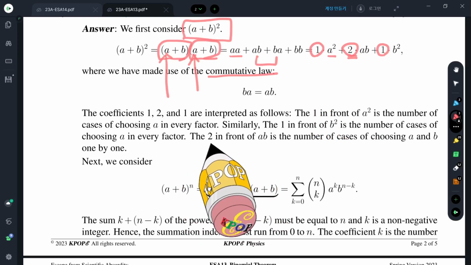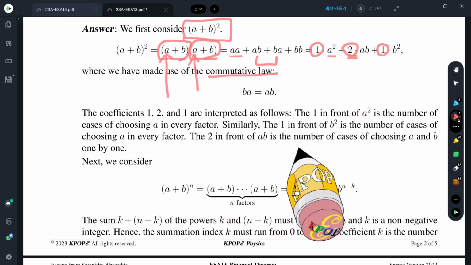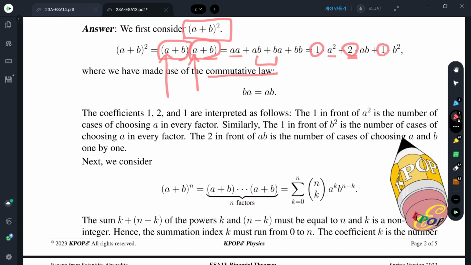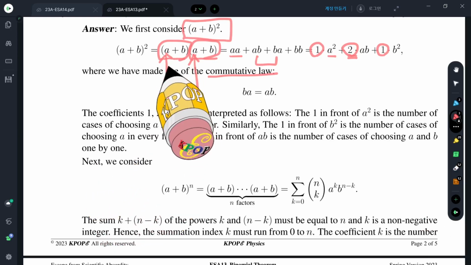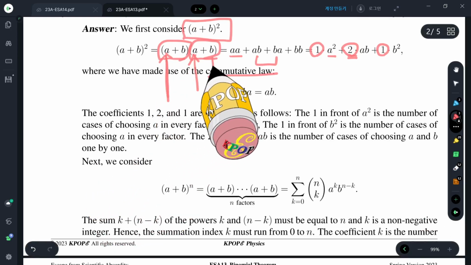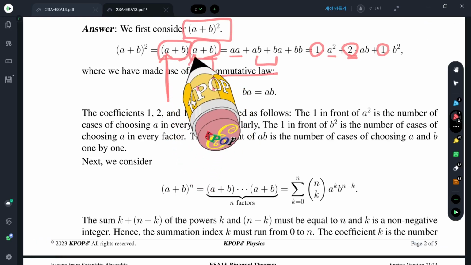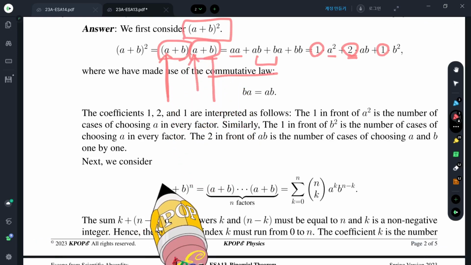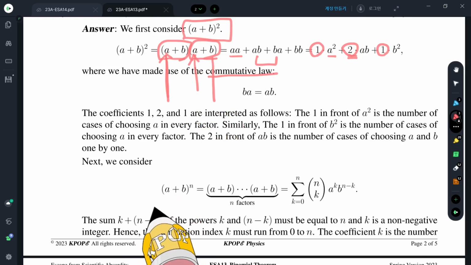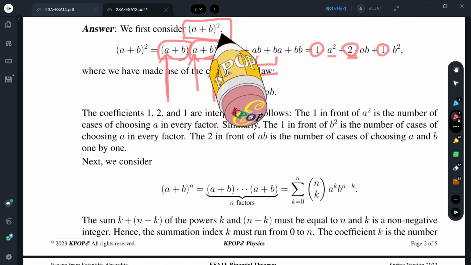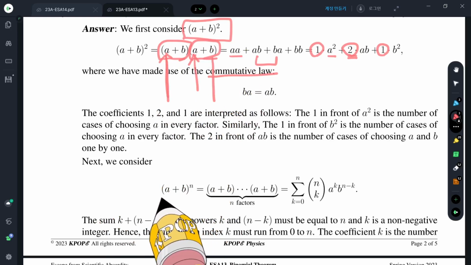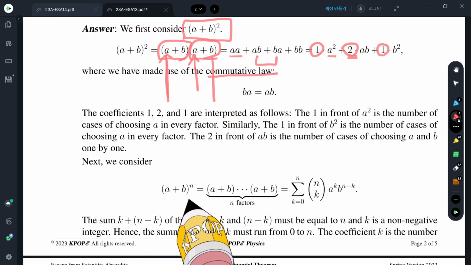The factor of 2 in front of A times B is the number of cases choosing A and B one by one. Here choose A, here choose B, and we choose B in the front factor, and then choose A in the next factor. Next, we consider the case we have n factors, n identical factors.